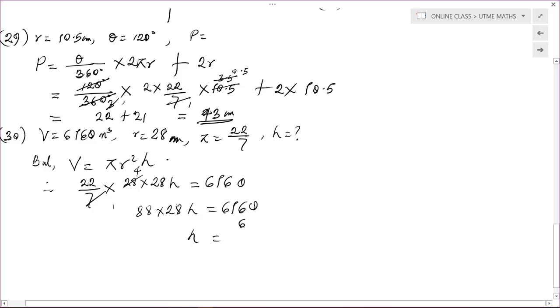H equals 6160 all over 88 times 28. From what I can see here, I can see 56. You know, I taught you a shortcut how to get something multiplied by 11. Here they have used 560 to multiply 11 to get 616.